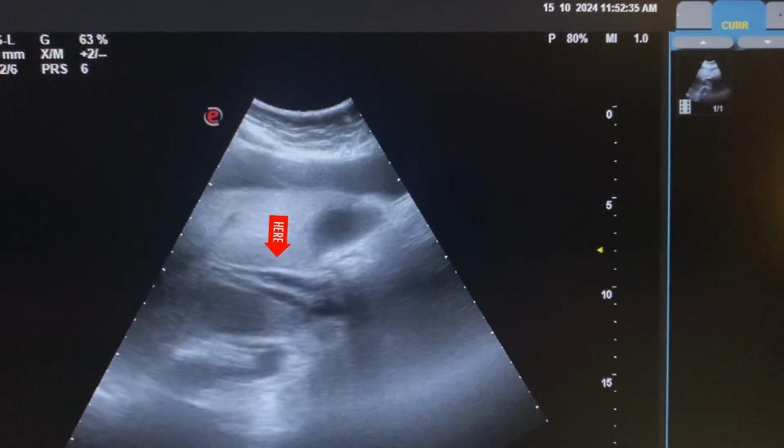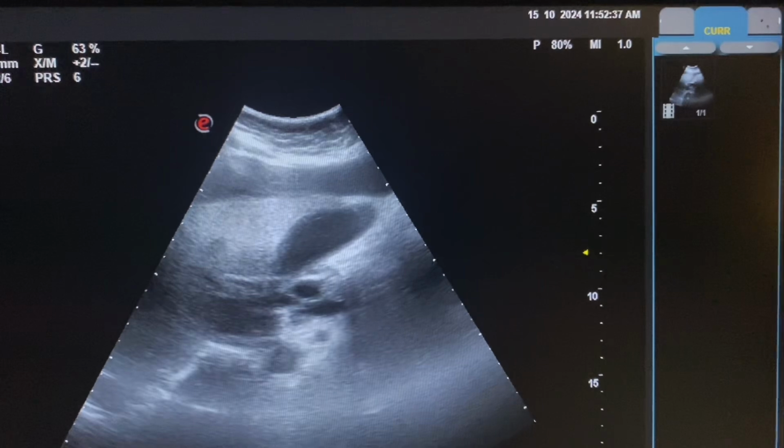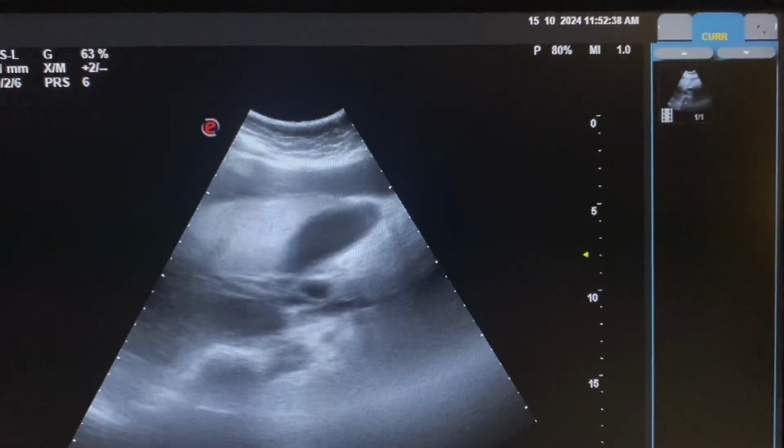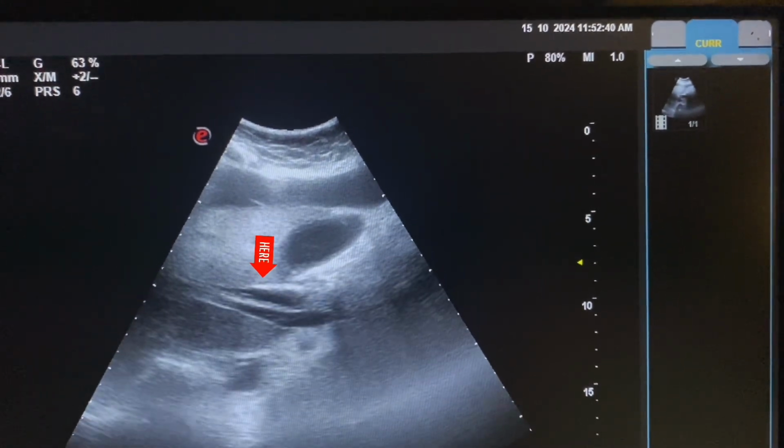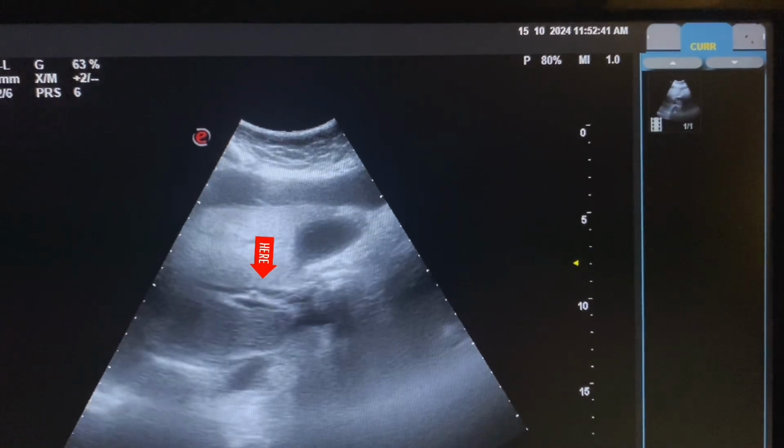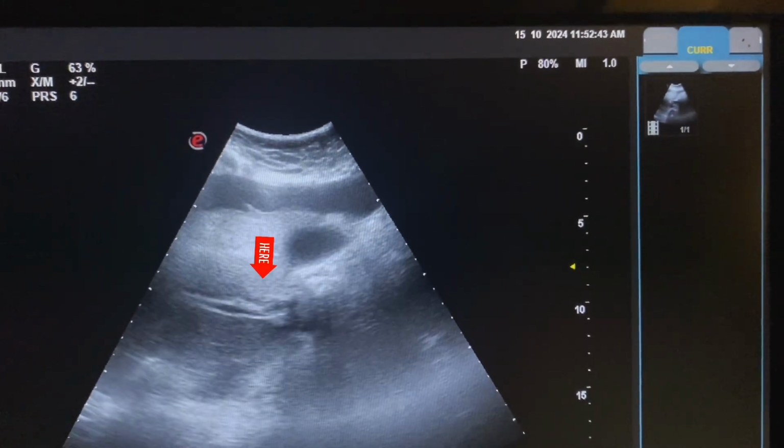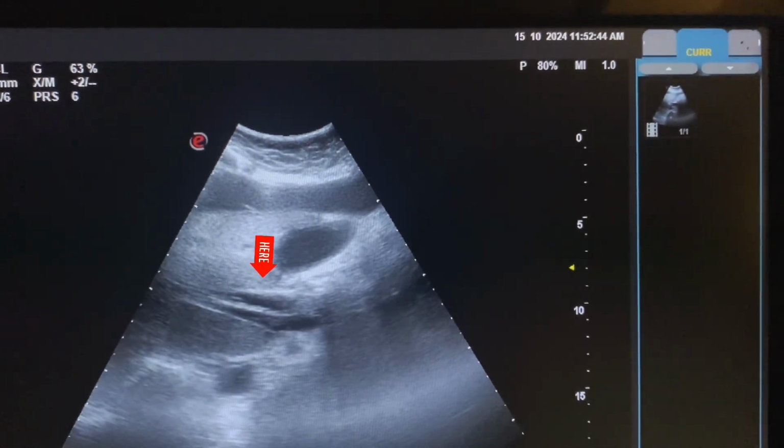Here we see the common bile duct and portal vein. Both always lie adjacent to each other.